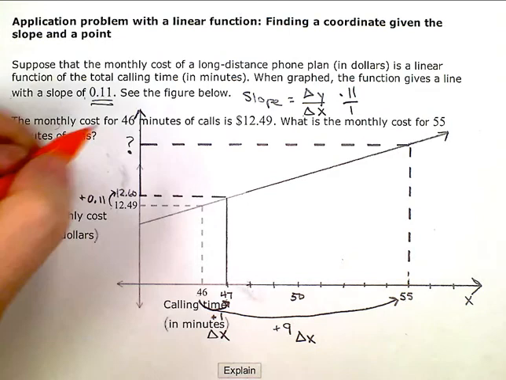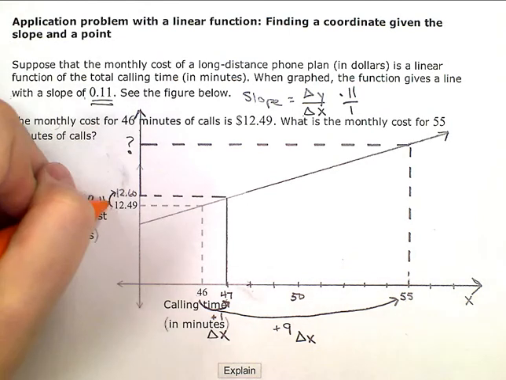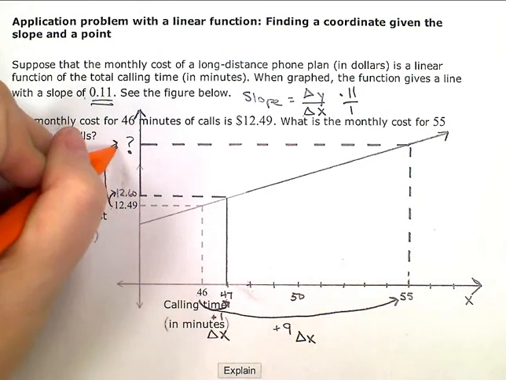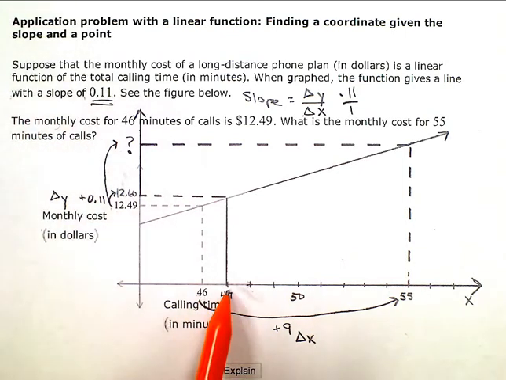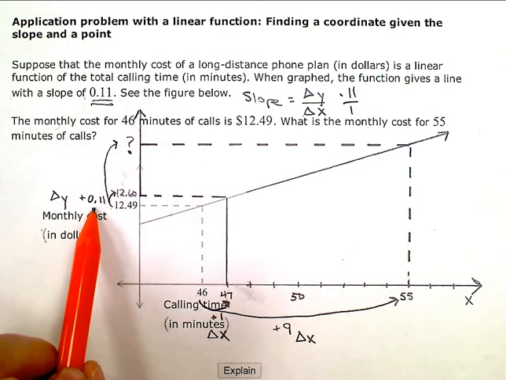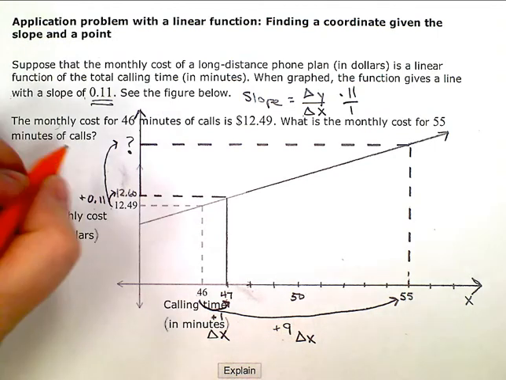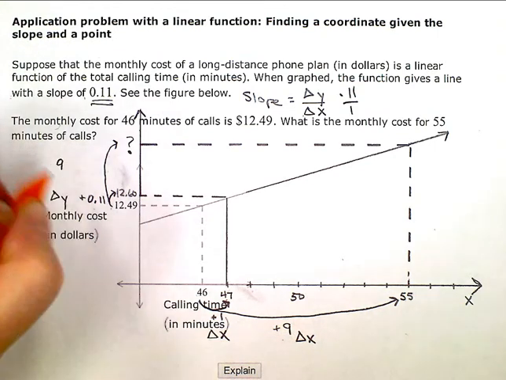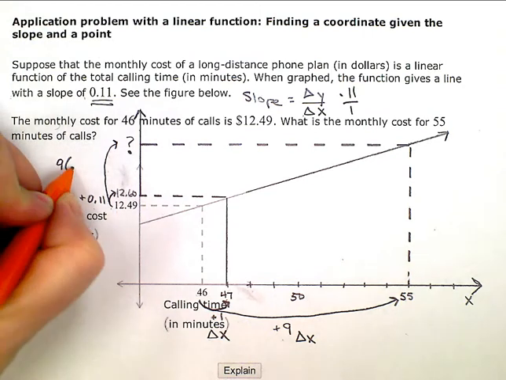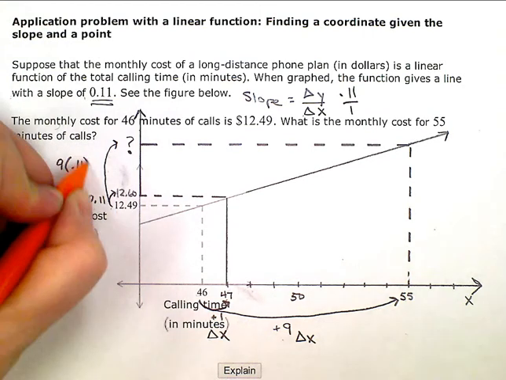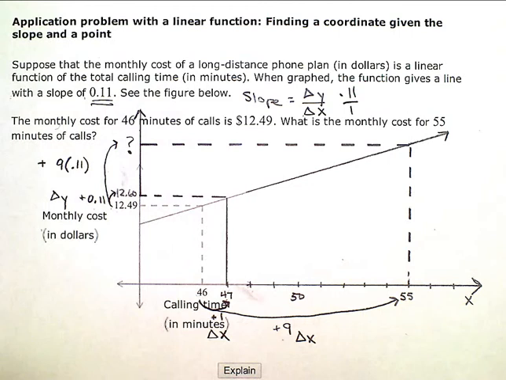Then to go from here to here, every time I add 1 here, this goes up by 11 cents. So if I add 9, then this is going to add 11 cents 9 times, or 9 times 11 cents is what I'm going to add to my price. Okay?